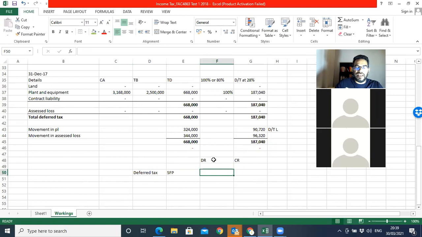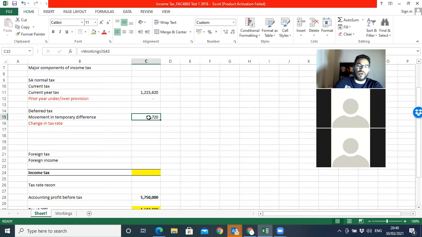It is a liability, and a liability increases on the credit side. For every credit, there must be a debit. What is the debit? It is the same number. But where does the debit go to? Income tax. A debit to income tax is increasing income tax, and therefore I make it positive.